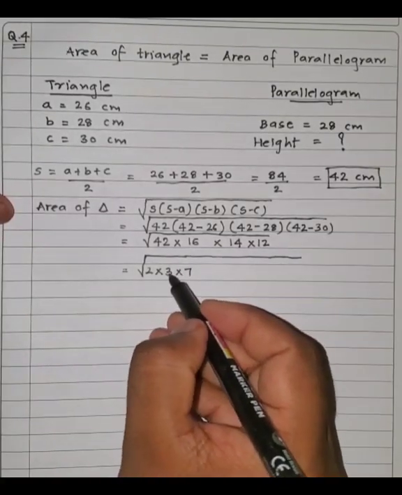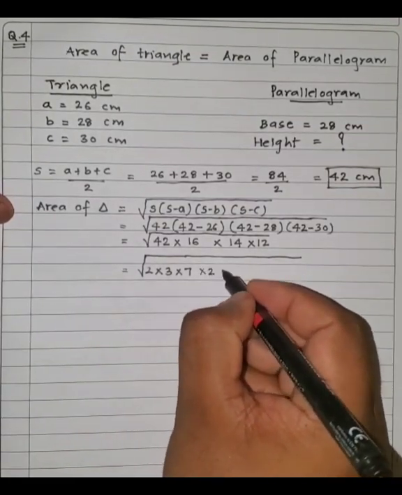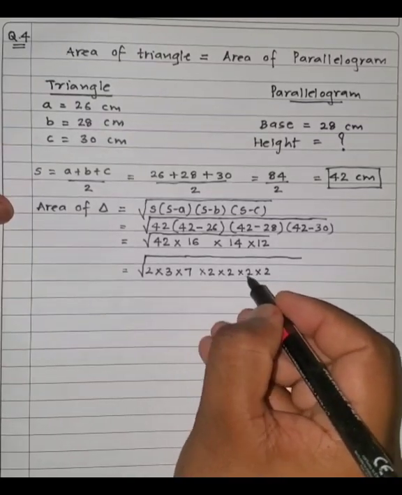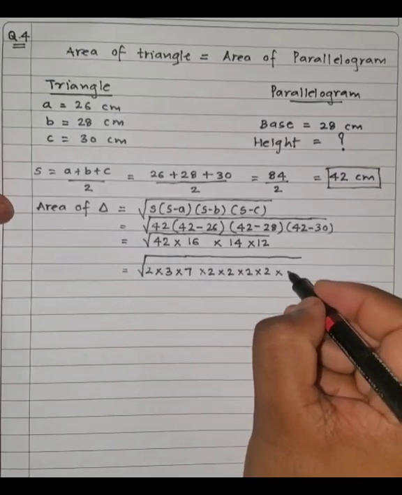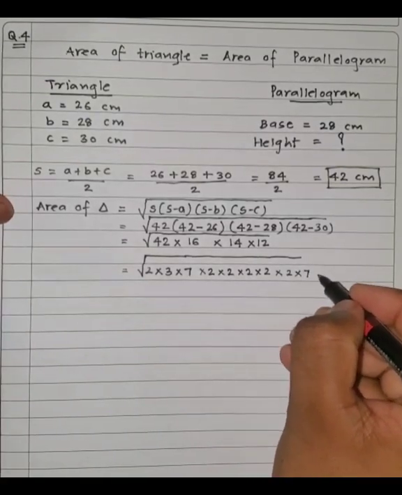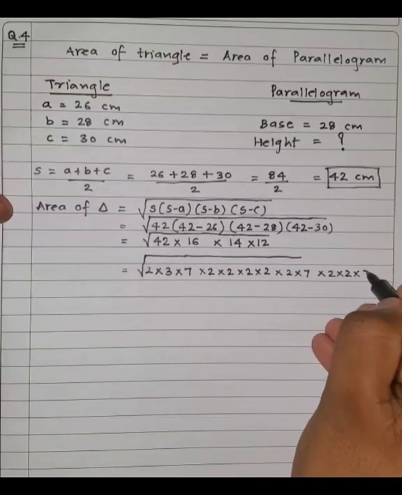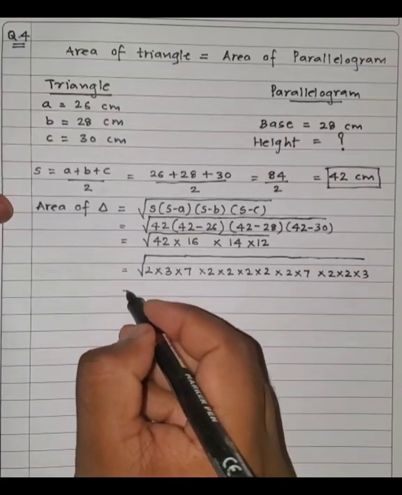So, 2 3s are 6, 6 7s are 42. 16 is written as 2 into 2 into 2 into 2. So, 2 2s are 4, 4 2s are 8, 8 2s are 16. 14 is written as 2 into 7. And 12 is written as 2 into 2 into 3, since 2 2s are 4, 4 3s are 12. So, this is what we get on prime factorization.